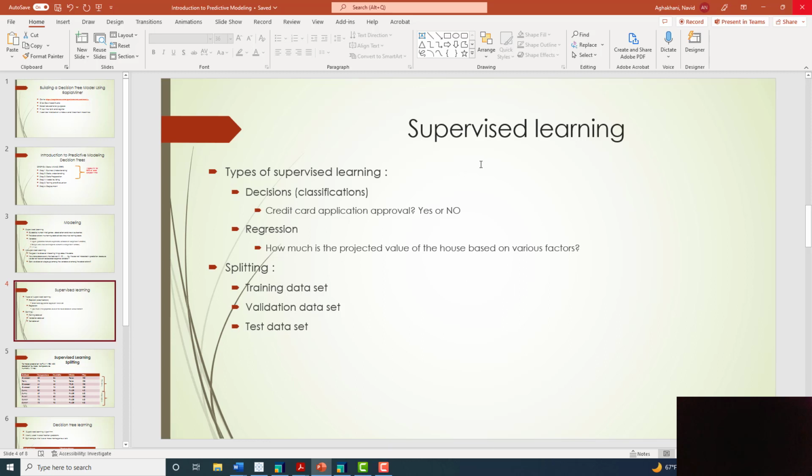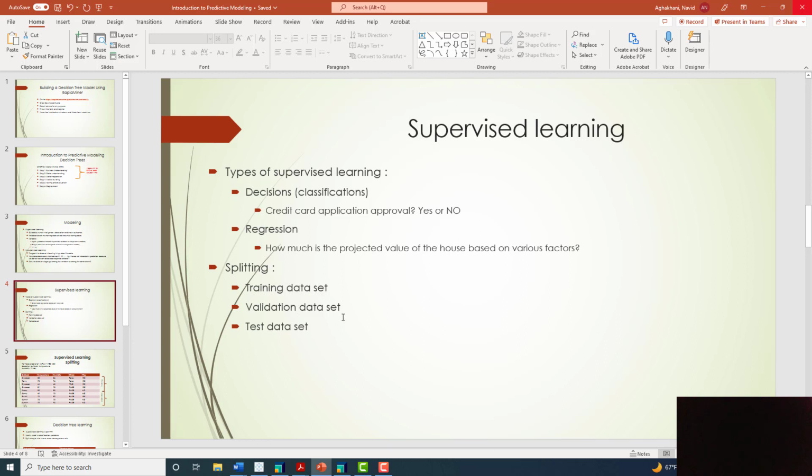In order to use supervised learning, we're going to split our data into a training set and a validation set. So we are going to run a model on the training data set. Once our model learns about our data, we are going to apply that model on the validation data set to see how our model performs.